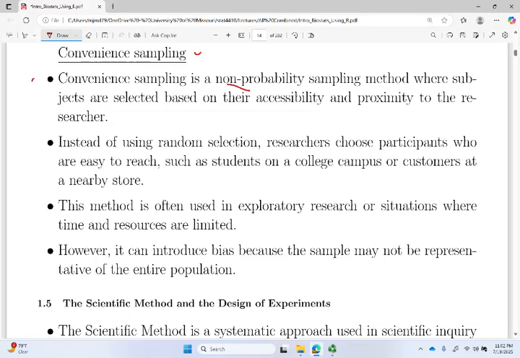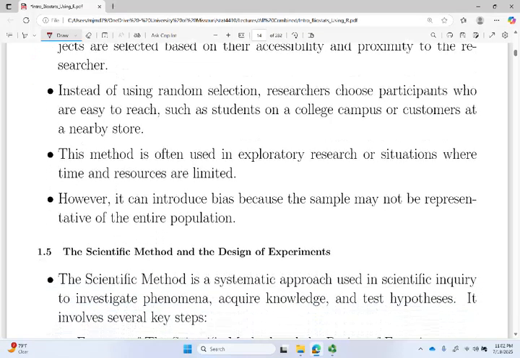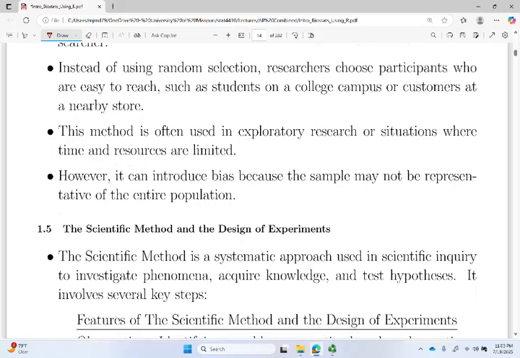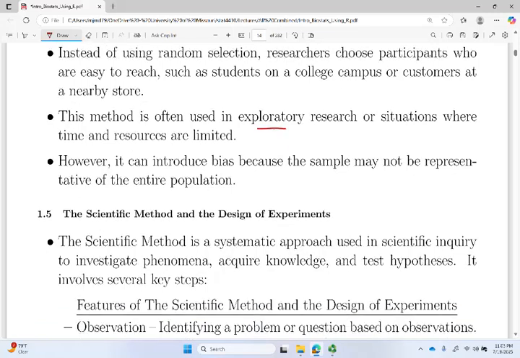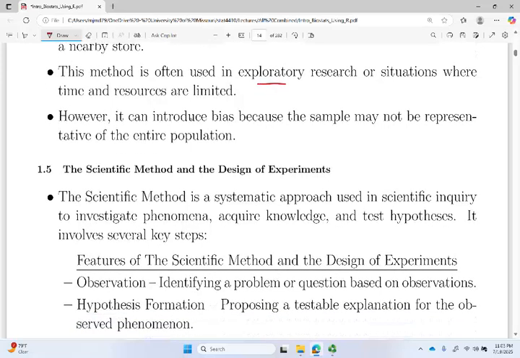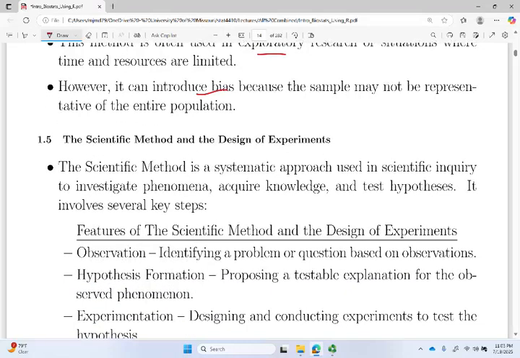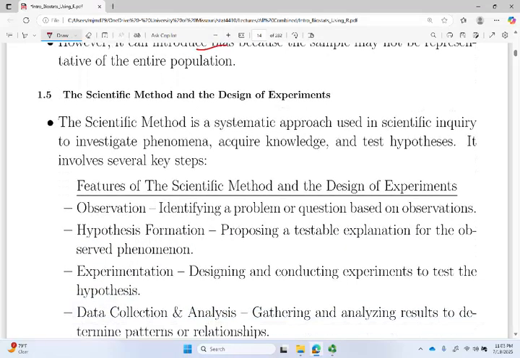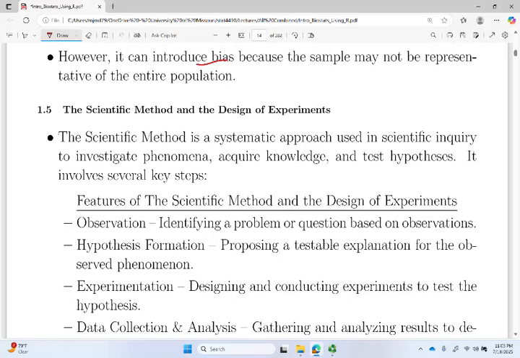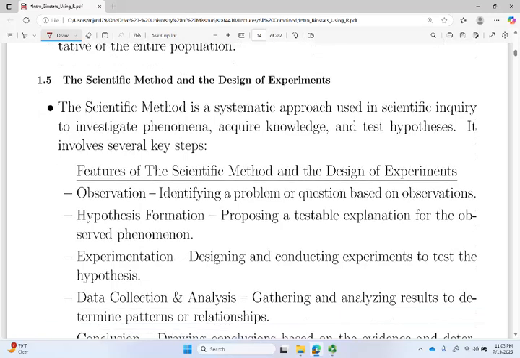But it's a convenient sampling. It's often used for exploratory research, but it can introduce biases. So you have to think about what your convenience sampling's potential bias is.